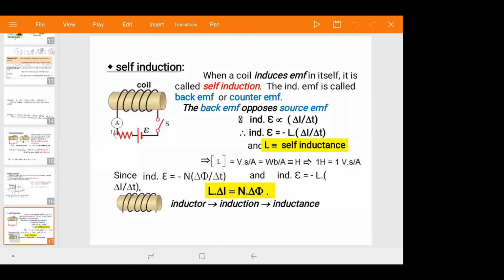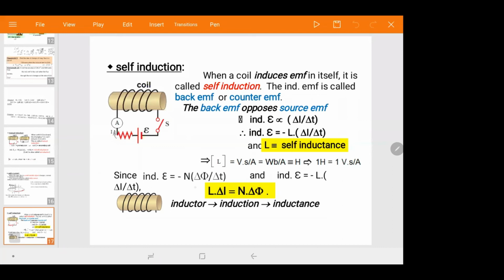Unlike what you see in your book, they made a small error there. I'll tell you explicitly what error they made. Induced EMF from the point of view of current is equal to L delta I over delta t. From the point of view of rate of change of flux, write down N times delta phi over delta t.